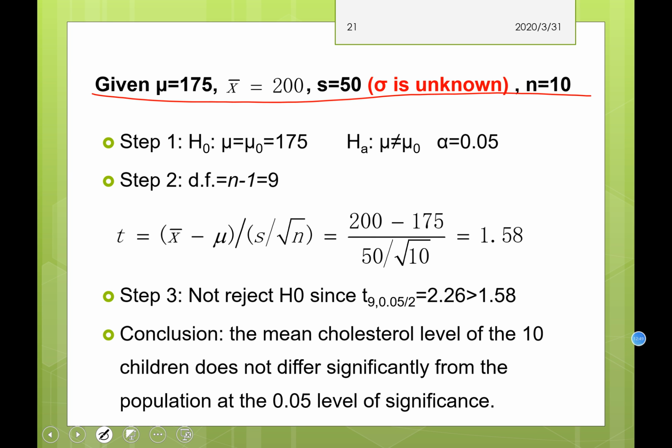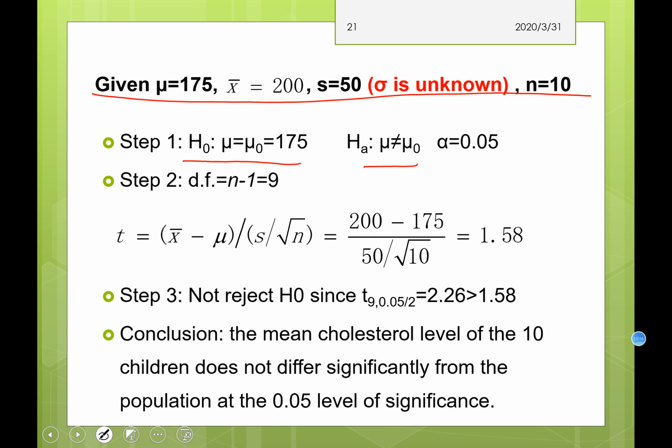And in the procedure of hypothesis test, the first step is to establish the statement of hypothesis. The null hypothesis is there is no difference, right? So we can use mu equals mu0 to represent the null hypothesis. And the alternative hypothesis is opposite to H0.